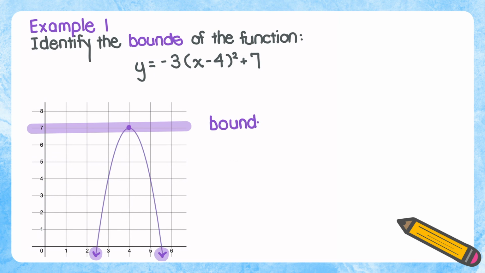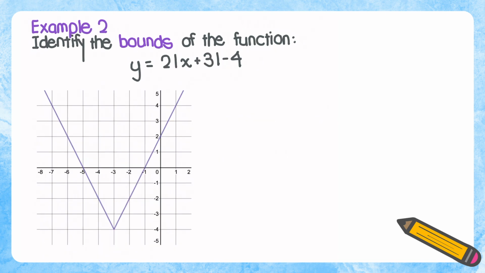So this function is bounded above. And tying it into our previous topic, the range of this function is from negative infinity to positive 7. 7 is the upper bound for this function, so there's a connection between boundedness and range.